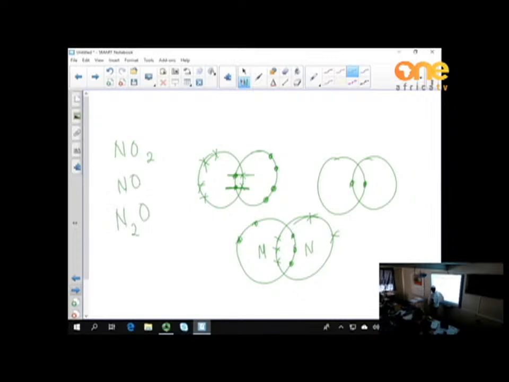That's dinitrogen oxide, nitrogen monoxide, nitrogen dioxide, and you get a nitrate as well. It's complicated, and I'm not up on the specific chemistry of the oxides of nitrogen.